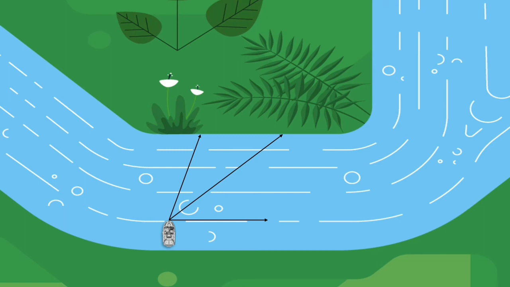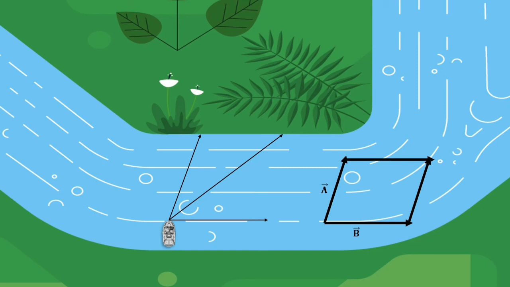So here, to add these two vectors, we are applying the parallelogram law of vector addition. Consider the velocity of the boat like this and name it as A bar, and the velocity of water like this and name it as B bar. Now, by replicating the vectors A bar and B bar as shown in the figure, we will get a parallelogram.